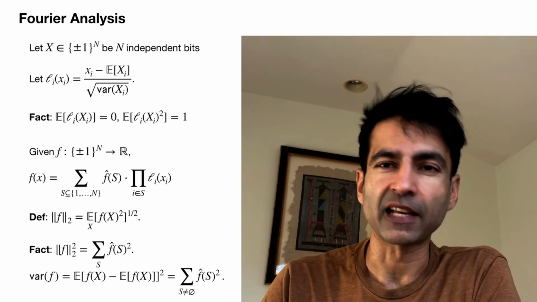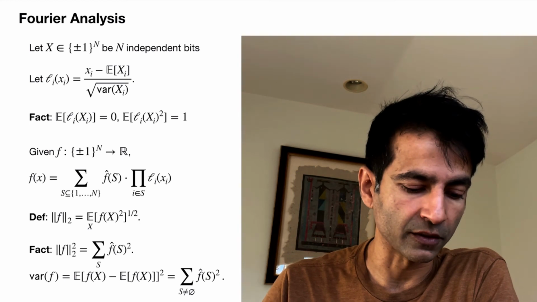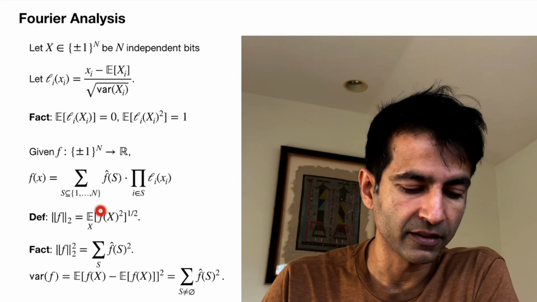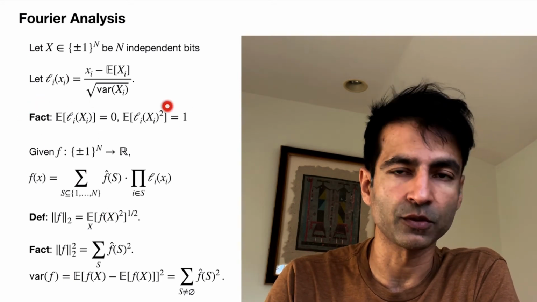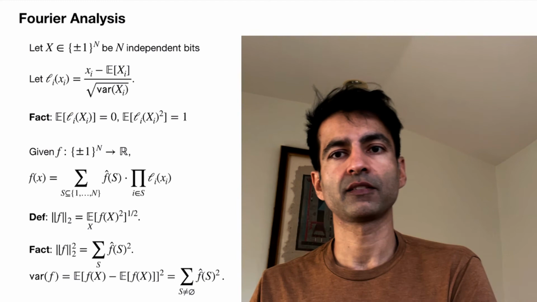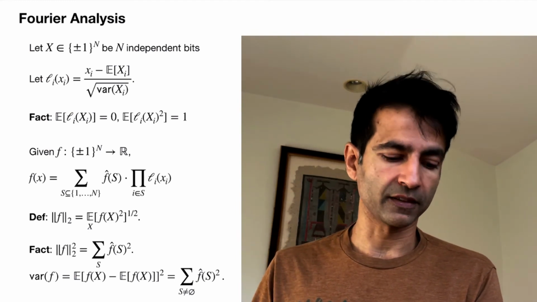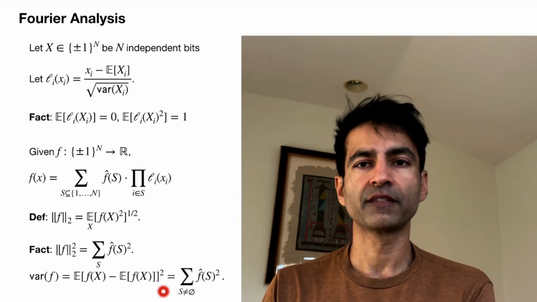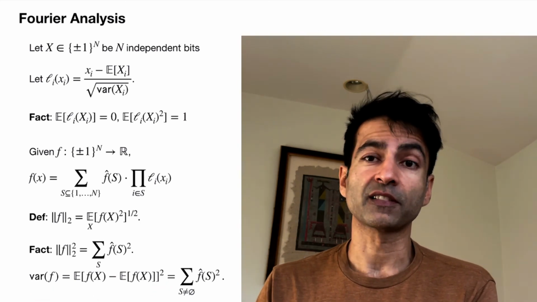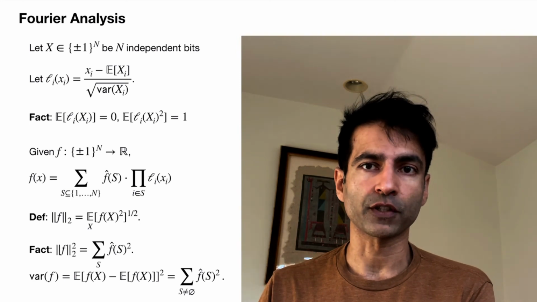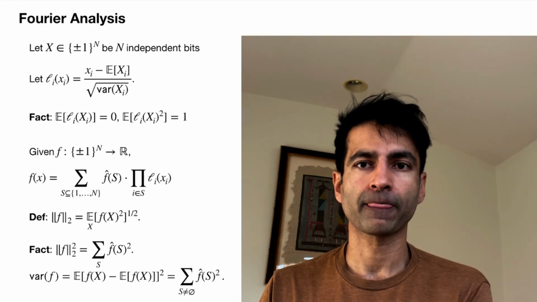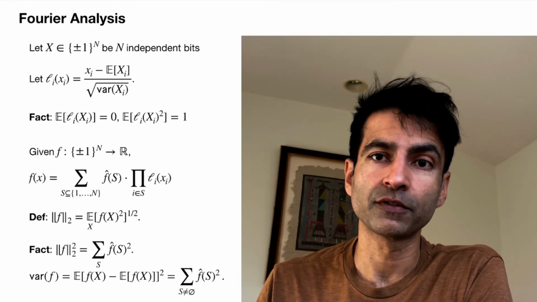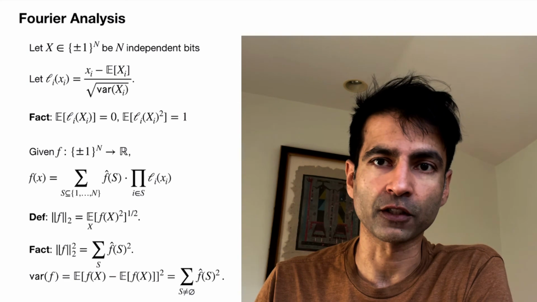This fact, which is the analog of Parseval, is a simple consequence of plugging in this expression here and using these two observations. Okay. So the 2 norm of f is the sum of the squares of the Fourier coefficients. The variance of f corresponds to the sum of the squares of the non-trivial Fourier coefficients. So those are some basic facts that I will not prove. You should check them for yourself if they aren't clear to you.